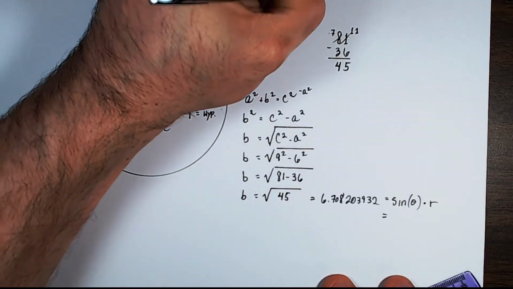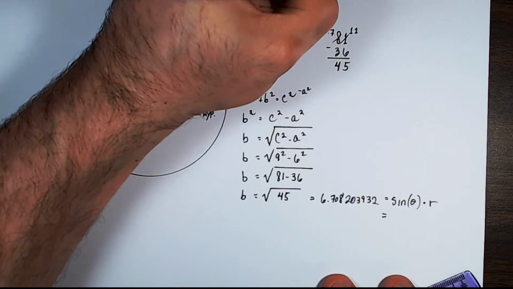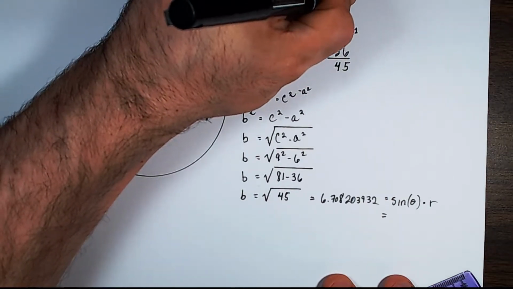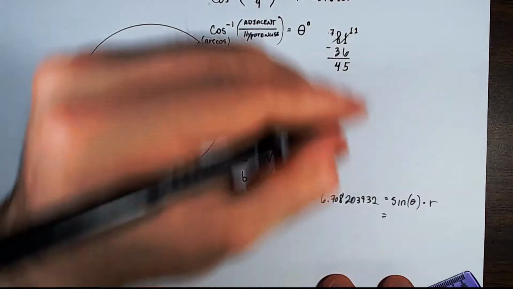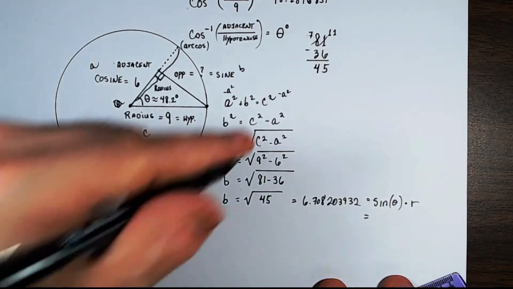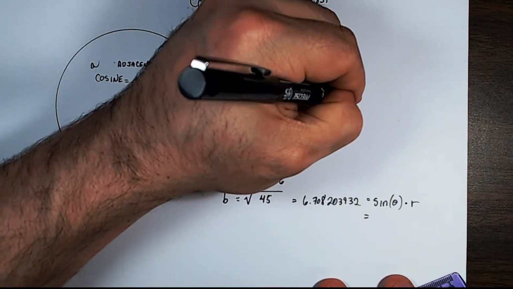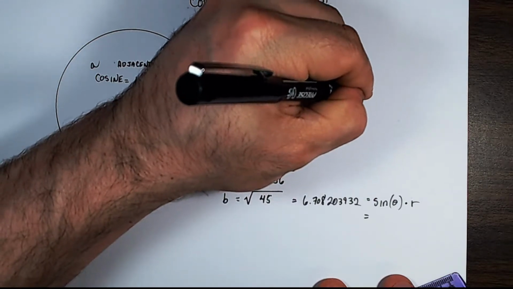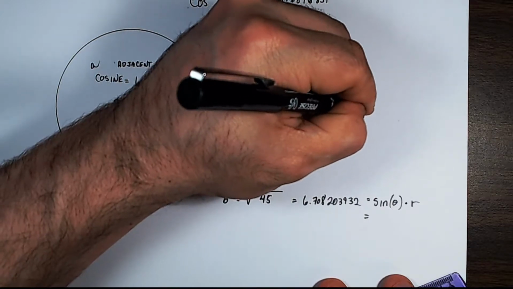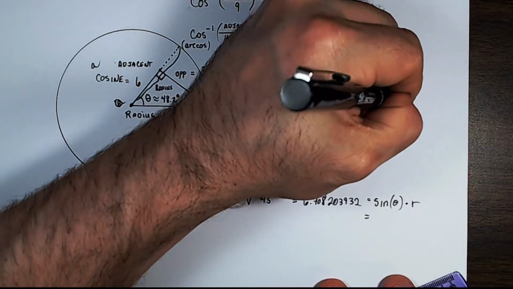Actually, it was 48.1896851 degrees. So remember, our sine function takes in a degree value for theta, and it outputs a length.